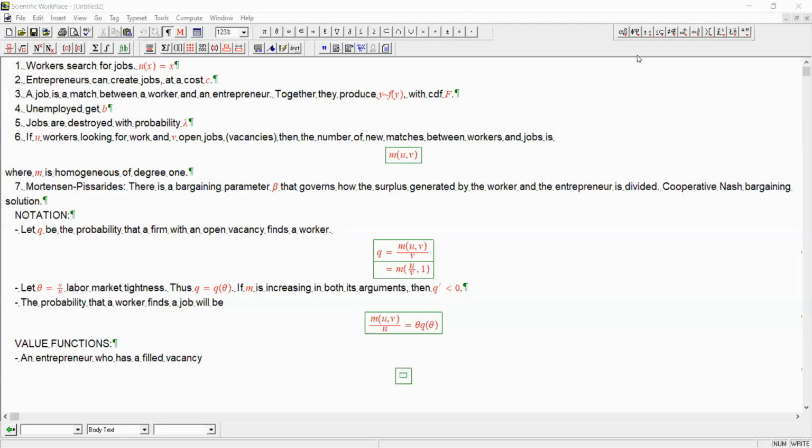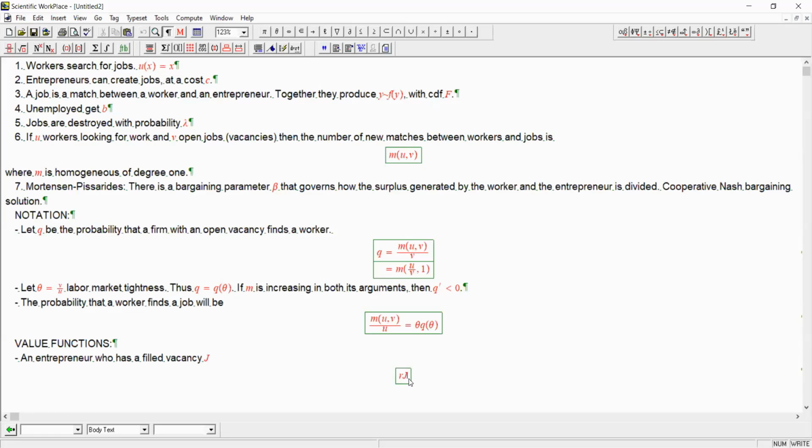In addition, as you remember, we can just start writing down the value function in flow form. So the flow for an entrepreneur who has a filled vacancy, if we're going to call their value function J, then the flow from being in this state is rJ.